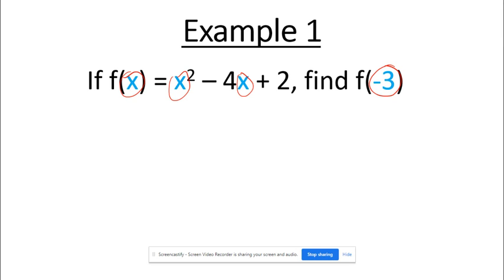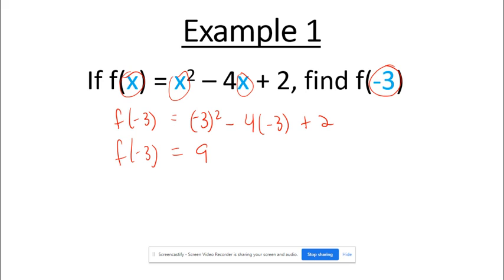So in this case, we would have f of negative 3 is equal to negative 3 squared minus 4 times negative 3 plus 2. Then we could simplify. Negative 3 squared is 9. Negative 4 times negative 3 is a positive 12, plus 2.